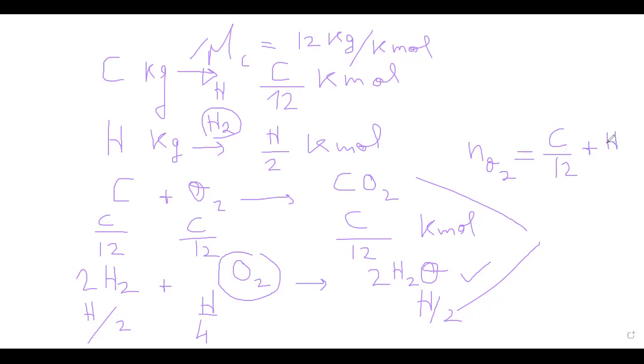Okay. Now, we know that they asked not for the number of kilomole of oxygen, O2, they asked for L0, which is the number of kilomole of air that is required to have the stoichiometric combustion. And the information here that we need is just what is the volumetric percentage of O2 in air.